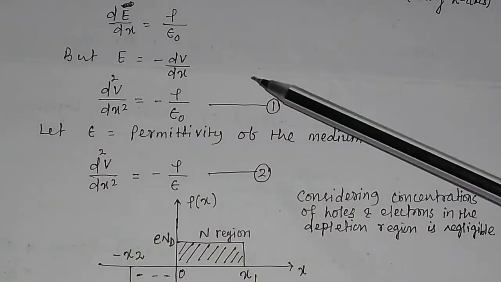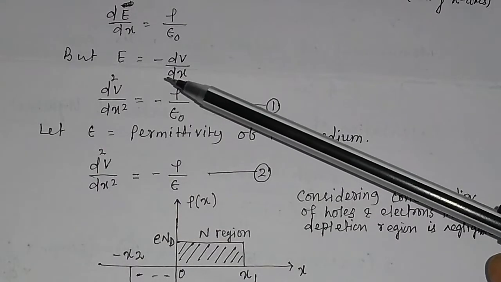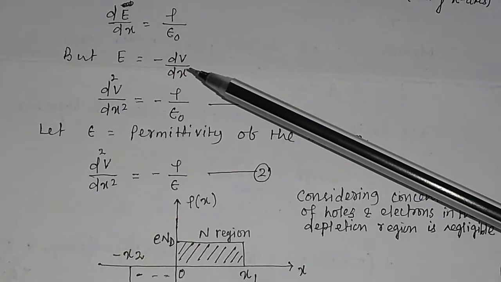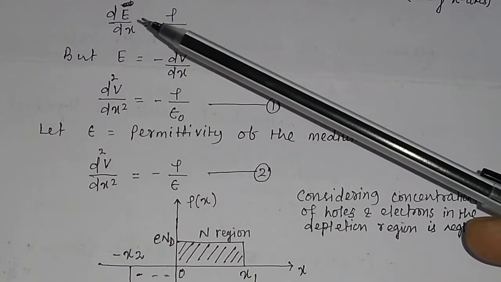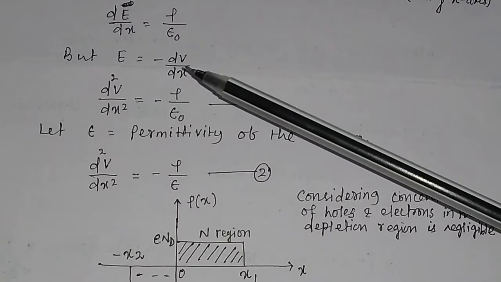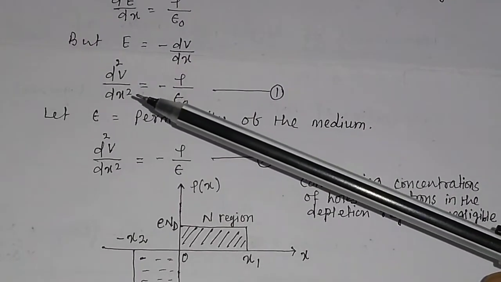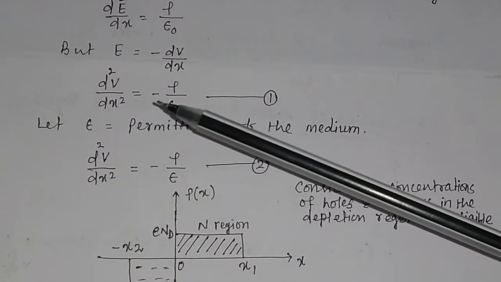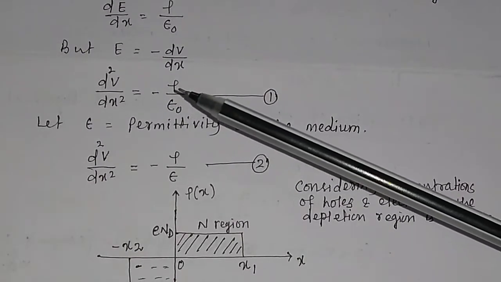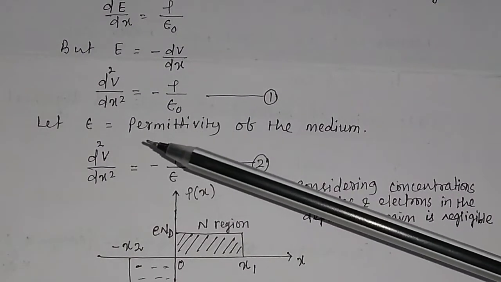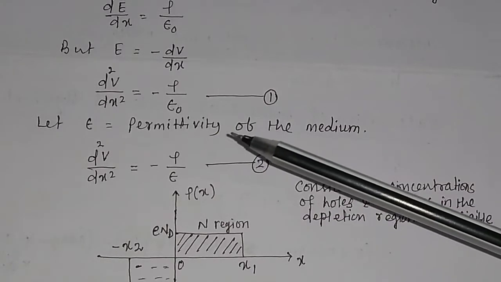But we know that electric field intensity is equal to the negative of the potential gradient. So if you write E is equal to minus dV by dx, then the second derivative of potential with respect to x will be equal to minus rho divided by epsilon naught. Here epsilon is the permittivity of the medium.